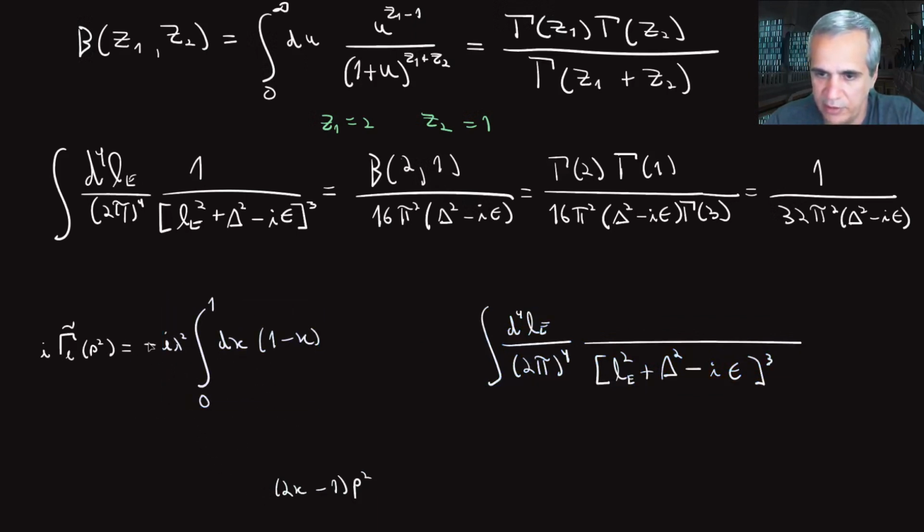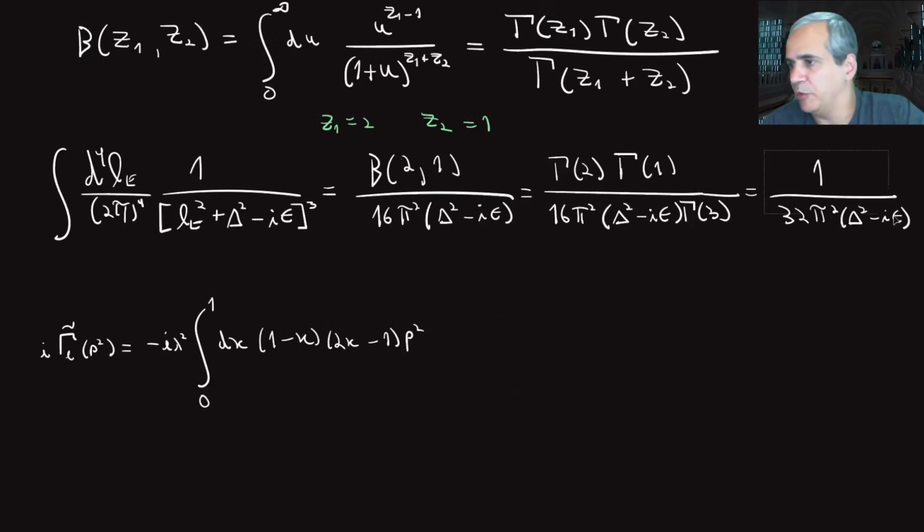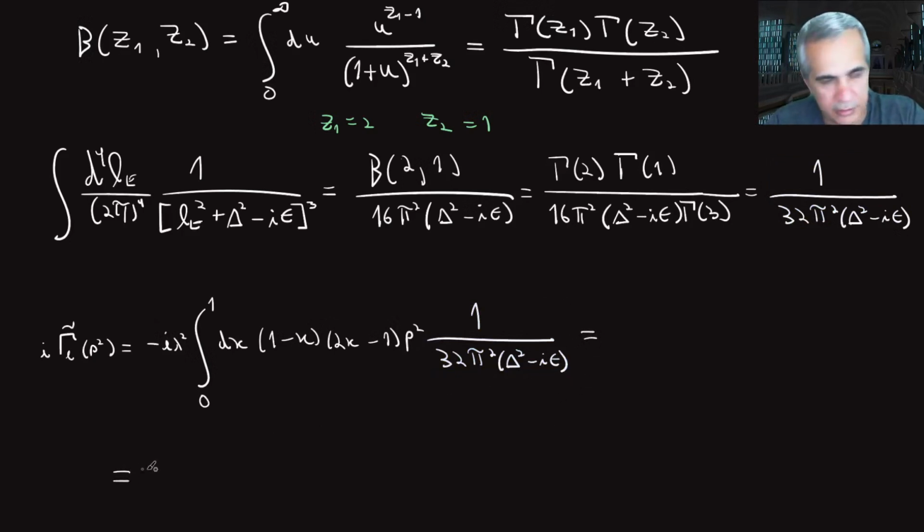Let's just organize it in this way. And this thing is the same as here, I can exchange by that. And do a little bit more organization. I can write this as minus i lambda squared p squared over here. All these numerical factors go down here.